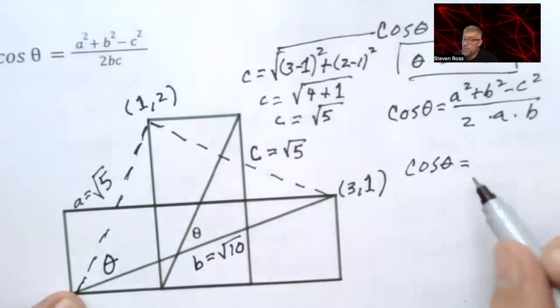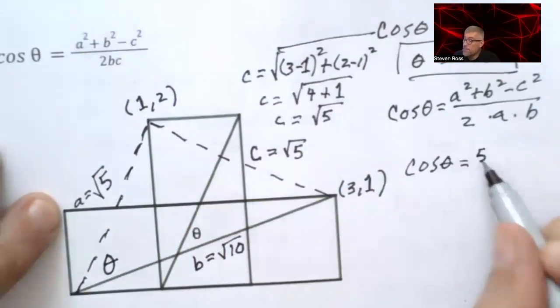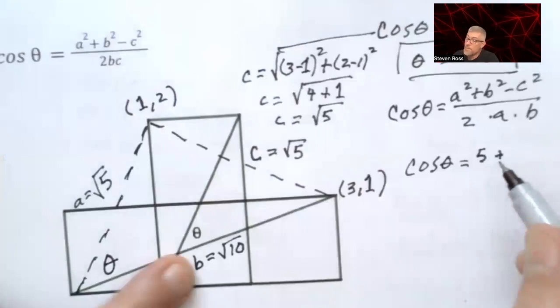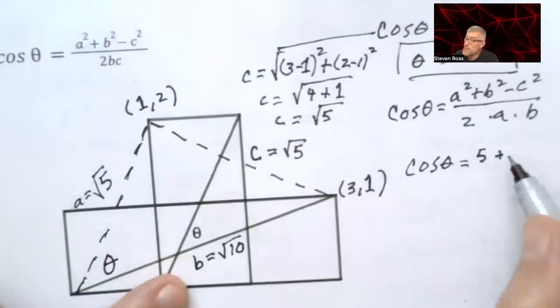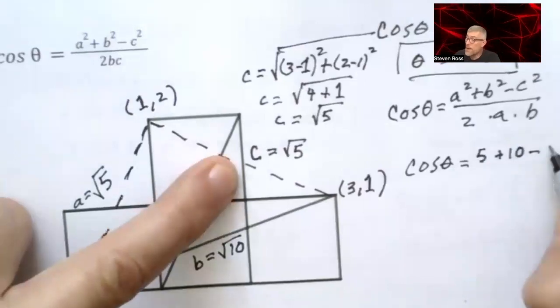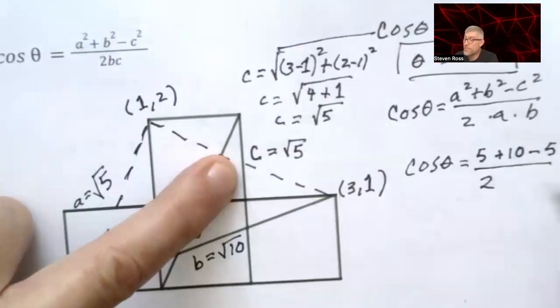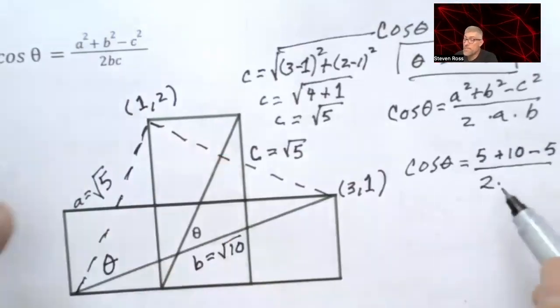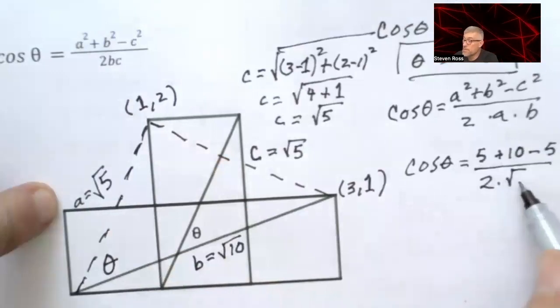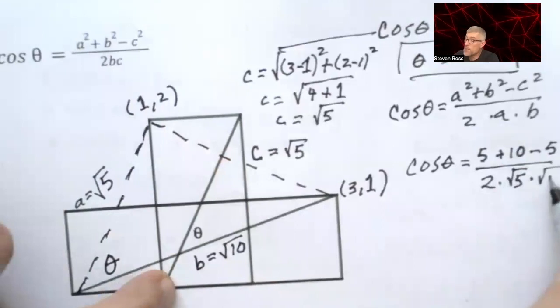So here goes. A squared, square root of 5 squared is 5. B squared, square root of 10 squared is 10. Minus C squared, square root of 5 squared is 5. Divided by 2 times A, square root of 5, times B, square root of 10.